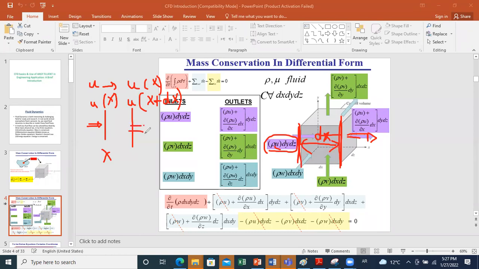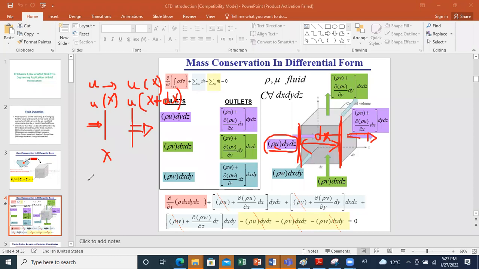How can I relate the velocity crossing this face to the velocity exiting this one? We have what we call Taylor expansion. If I have a certain function, Taylor expansion allows me to relate the values of this function at two close positions.